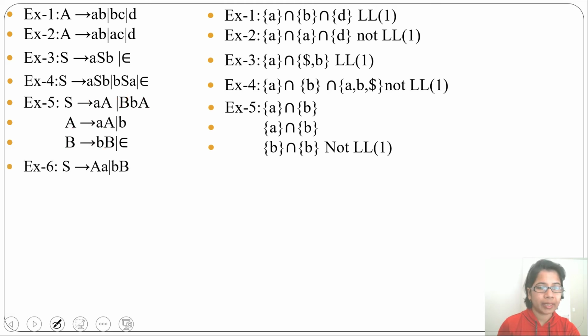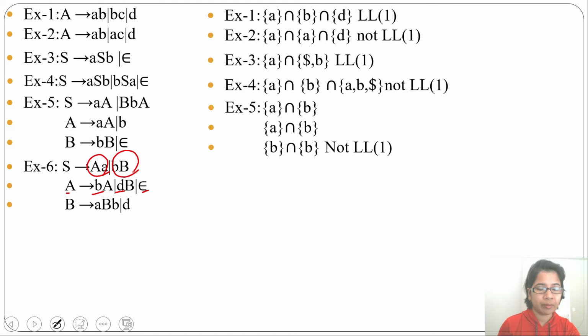Next example, S derives AA or BB, A derives BA, DB or epsilon, B derives ABB or D. Now what will be first of this part? First of this will be first of A. First of A will be B, D and epsilon. And what will be first of this?